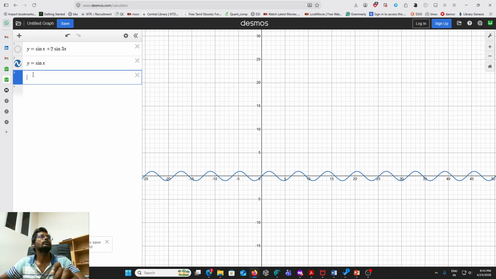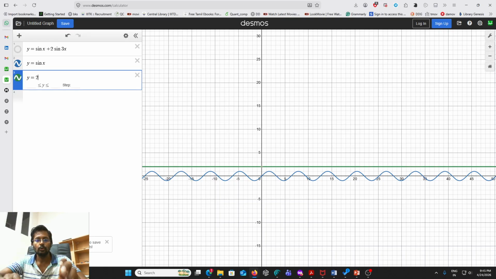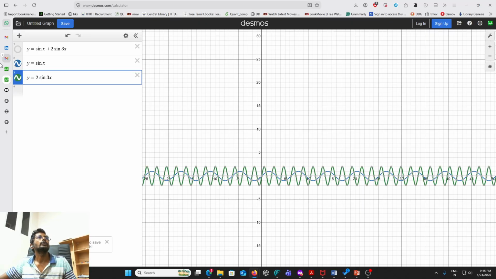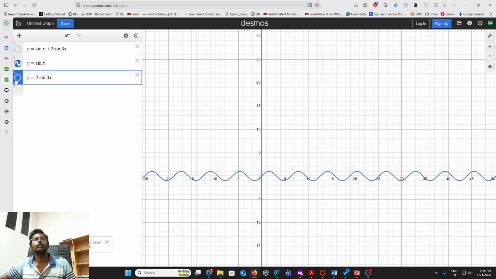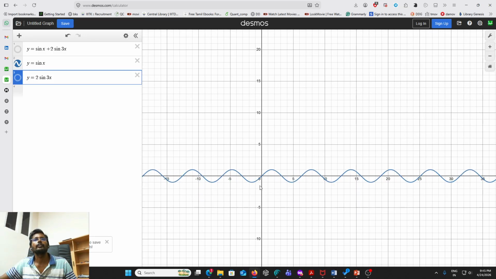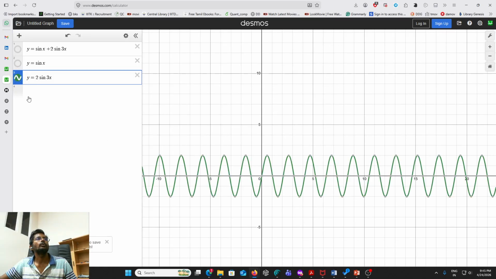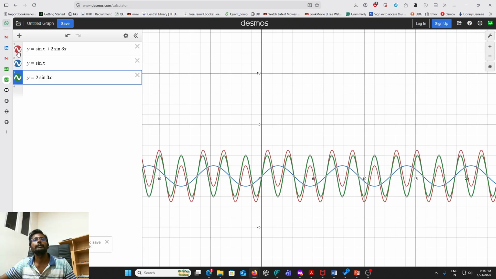So that's sine x, and another signal y is equal to 2 sine 3x. So this is y is equal to sine x, and this is y is equal to 2 sine 3x. And now if I add these two things, this is the signal I will get.